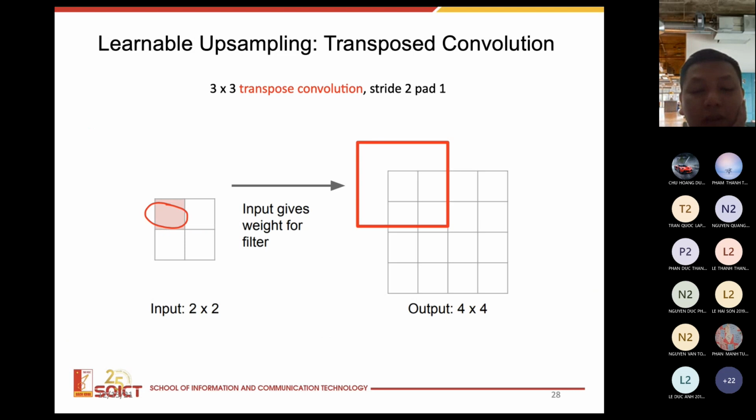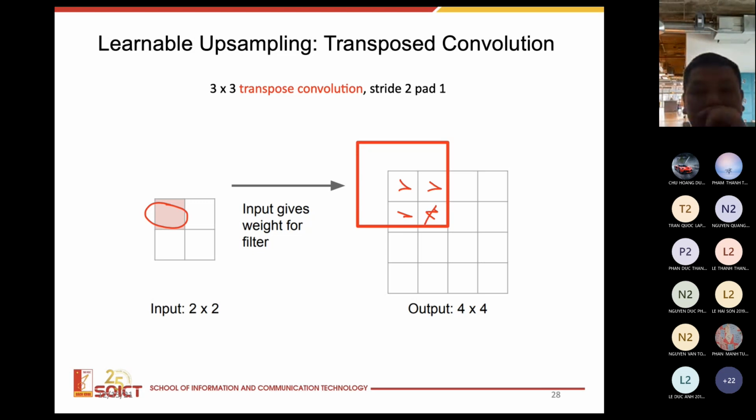We multiply the input value with each element in the filter, and then we fill up the values in the output activation map.